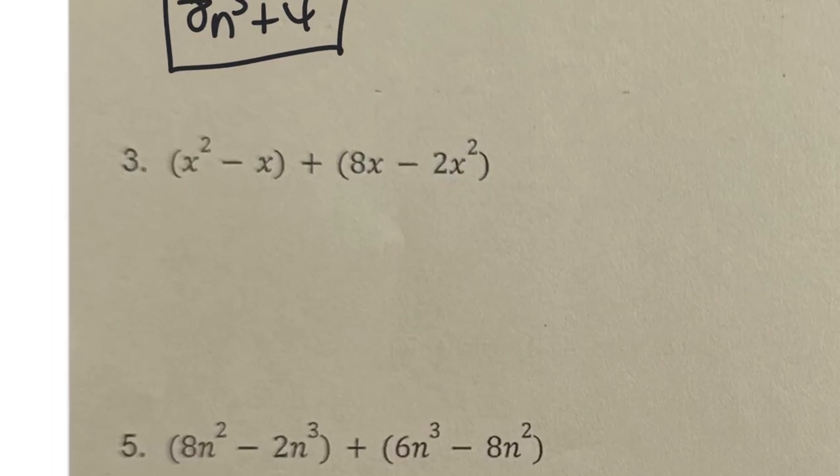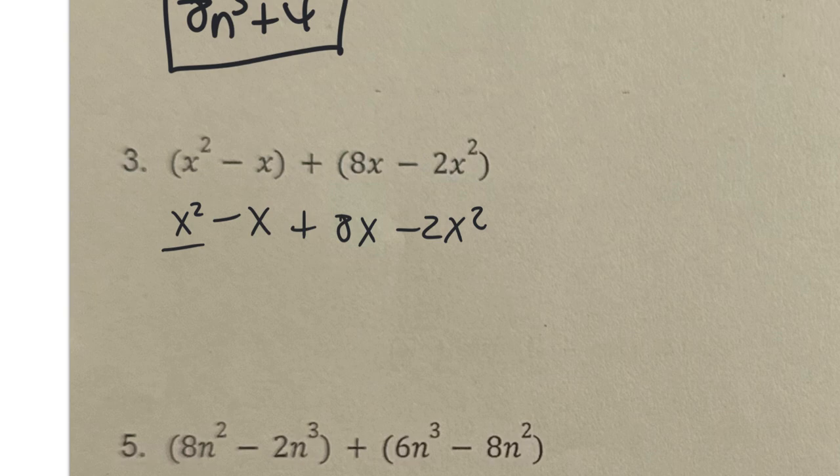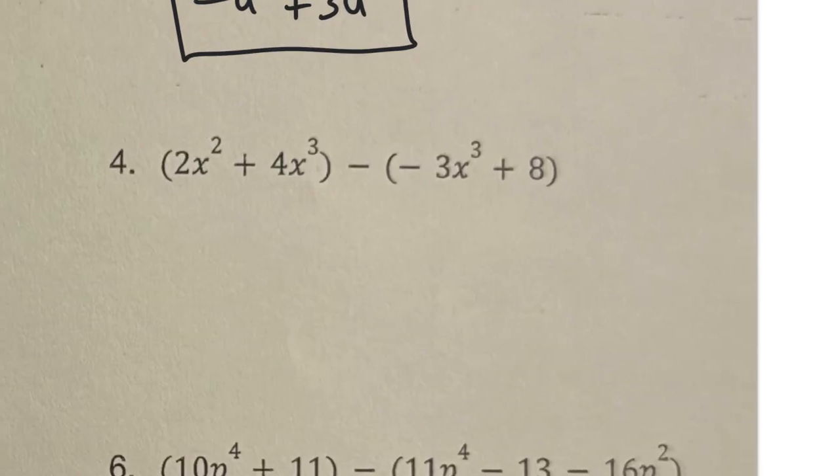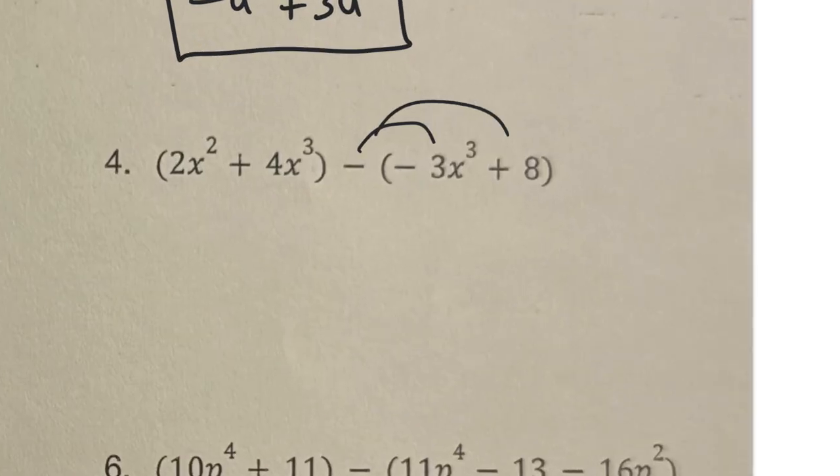Looking over here, similarly, we could drop the parentheses and just say that this is the situation we're dealing with, and single underline like terms, double underline like terms, we're looking at negative x squared plus 7x, I do believe, unless I'm making a careless mistake, but I don't think I am. Over here, definitely distributing that, no question.